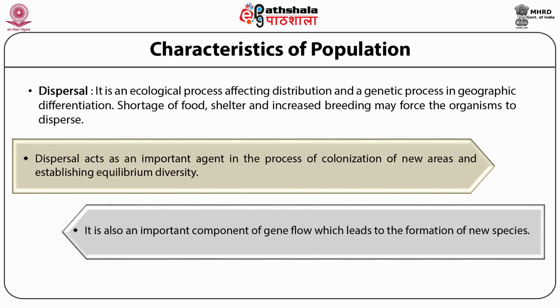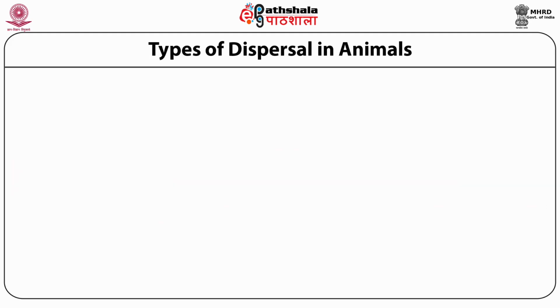Dispersal is influenced by barriers and by the inherent power of movement of individuals. Types of dispersal in animals. In animal populations, dispersal can be divided into the following different forms.